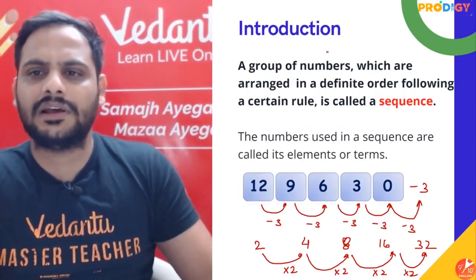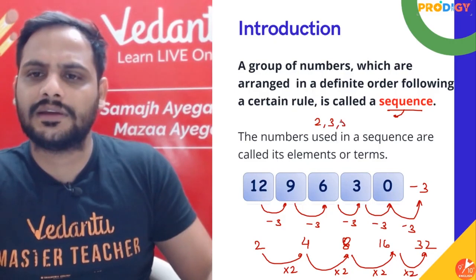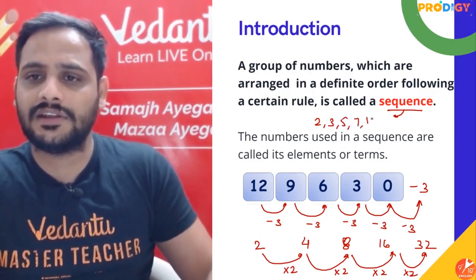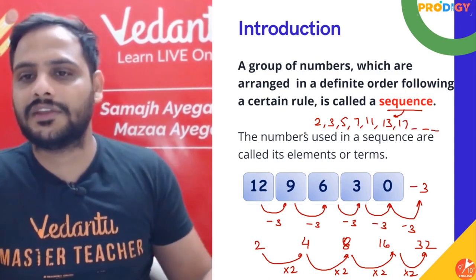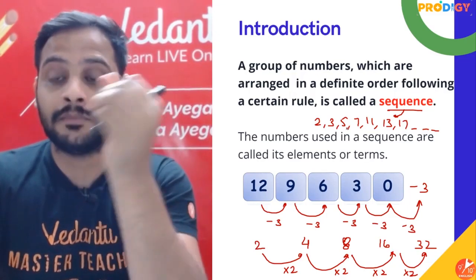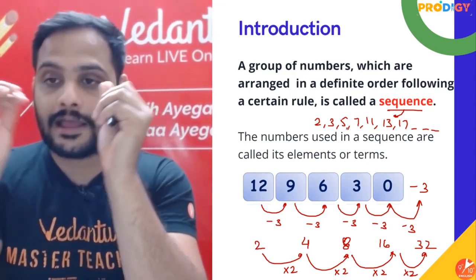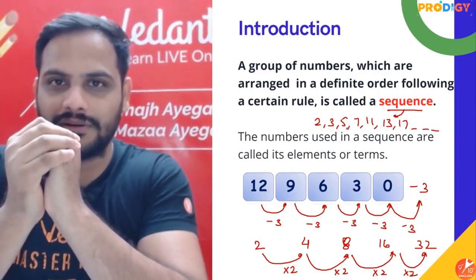For example, a sequence I can write as 2, 3, 5, 7, 11, 13, 17 and so on. This is the sequence of prime numbers. The problem is that I cannot write any formula through which I'll know the next prime number.